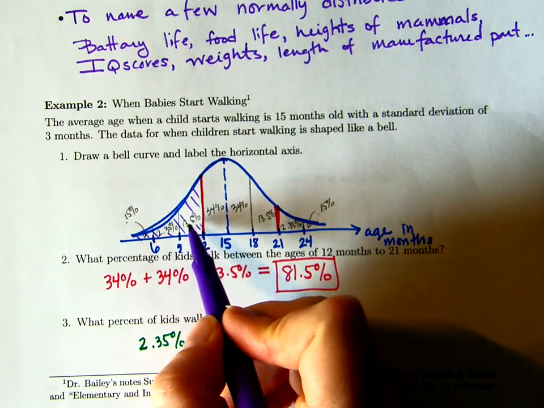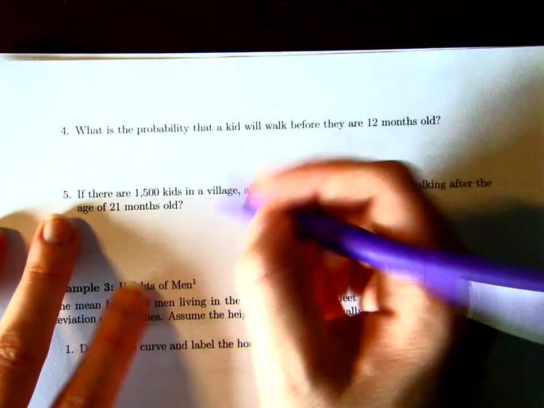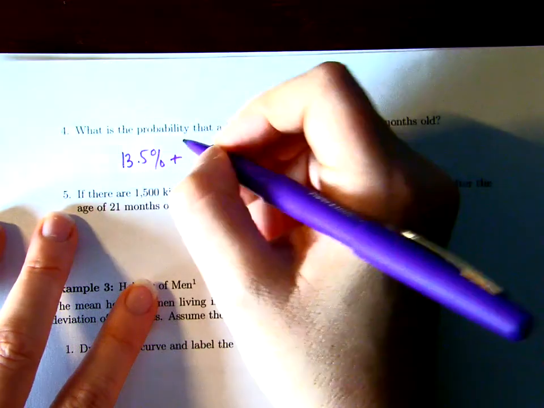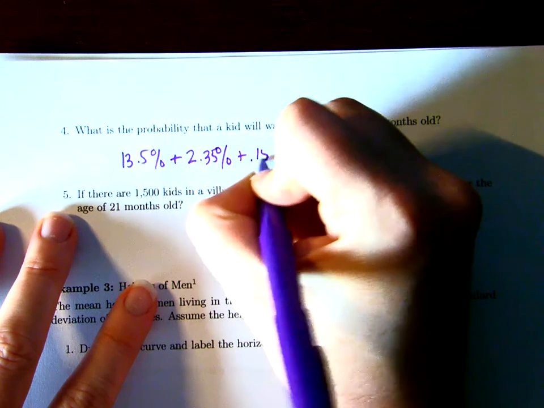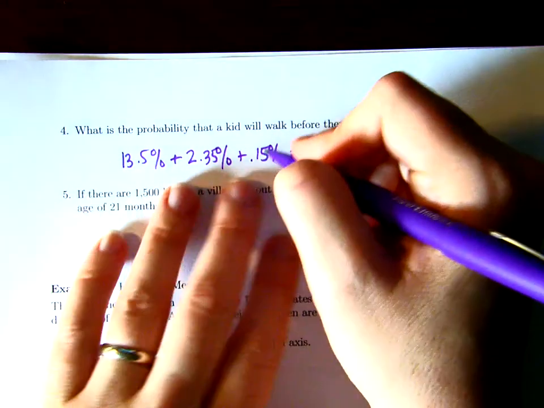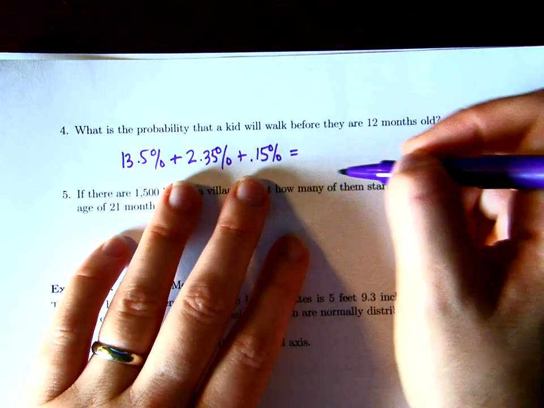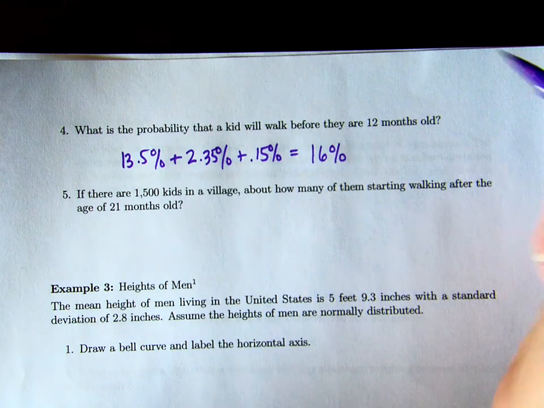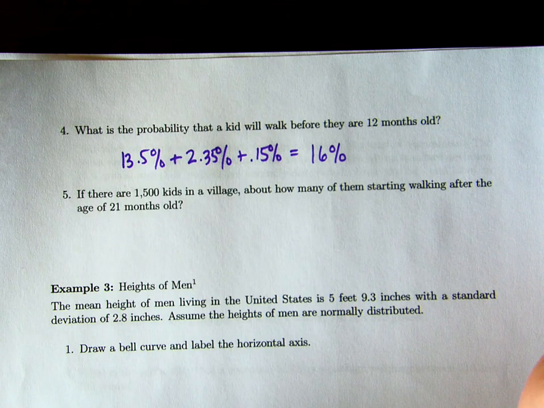So we have 13.5%, 2.35, and 0.15%. 13.5% plus 2.35% plus 0.15%. So this is 2.5. 3 plus 2 makes 5. 5 plus, okay, so this is 16%. They are 16% likely to walk before they are 12 months old.